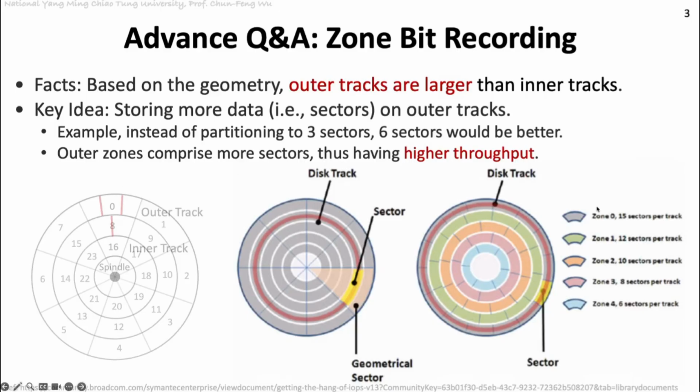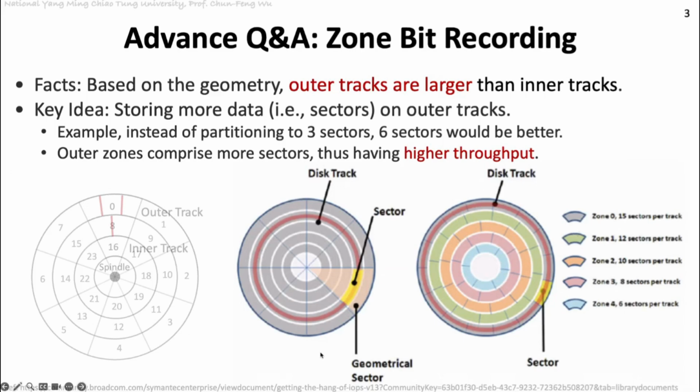For example, in the outer zone we can store more data, and in the inner zone you can only store less data. For zone 0, there are 15 sectors per track. But if you are in zone 6, then you only have 6 sectors per track. One zone may include 2 or even 3 tracks inside.